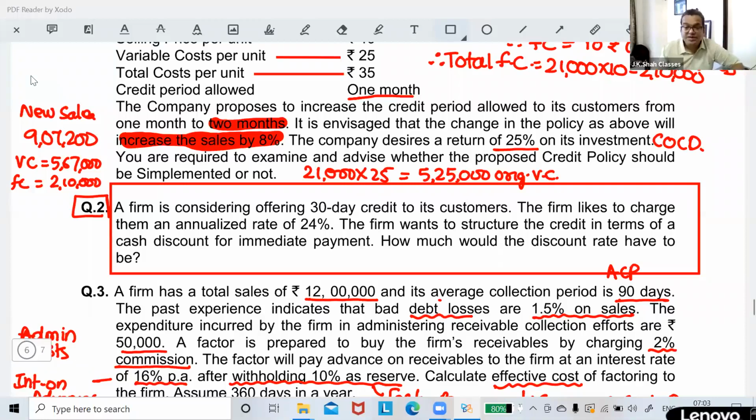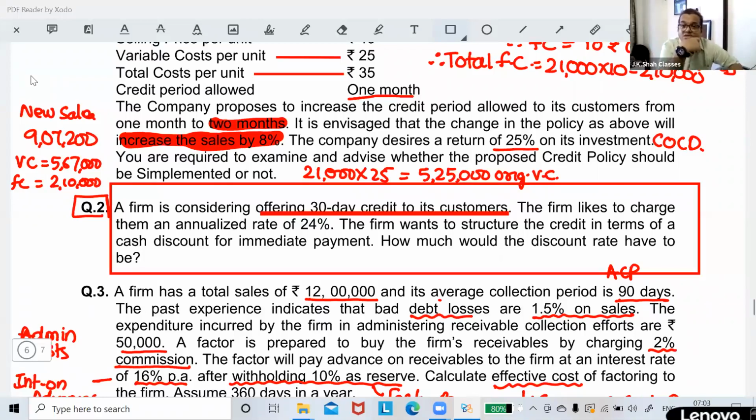A firm is considering offering 30 days credit to its customer. What they are planning is 30 days credit to its customer. The firm likes to charge them an annualized rate of 24%.